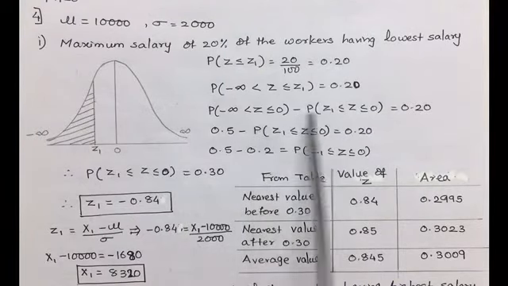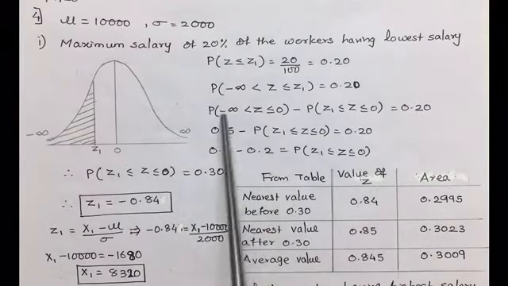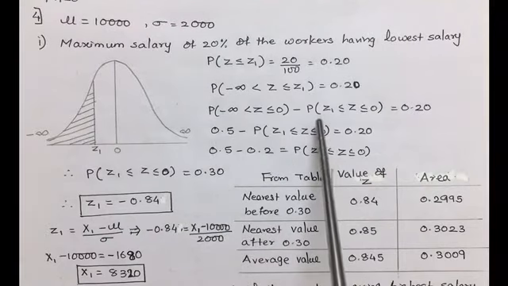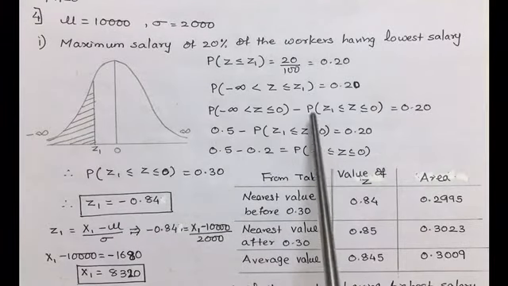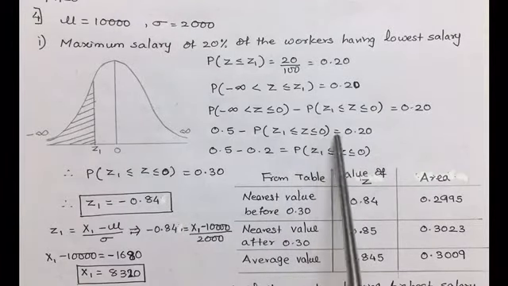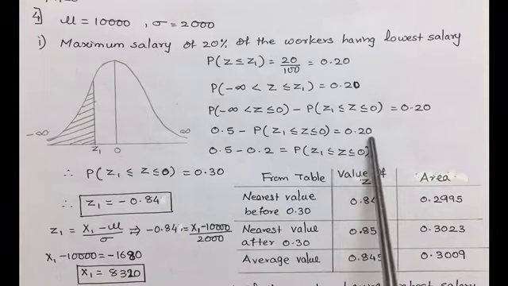While separating both the probability, minus infinity to 0 is to be written first because it has the highest area, and then the probability of Z1 less than or equal to Z less than 0 is to be written, and that is equal to 0.20.